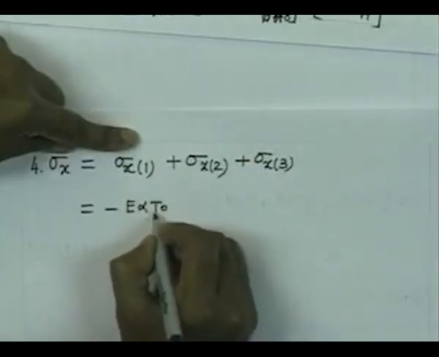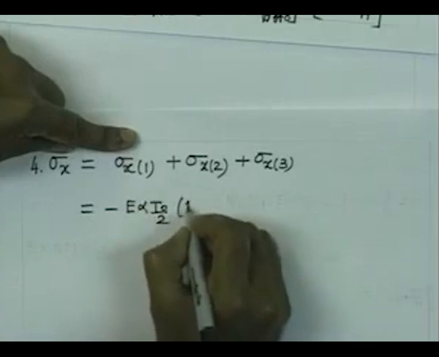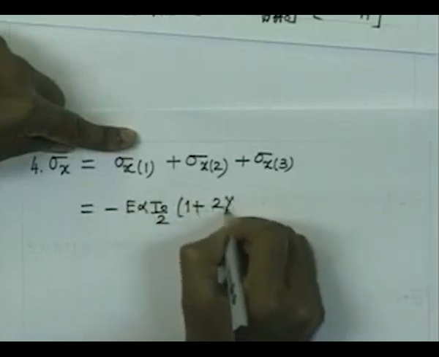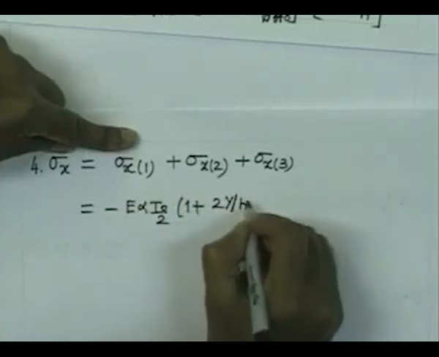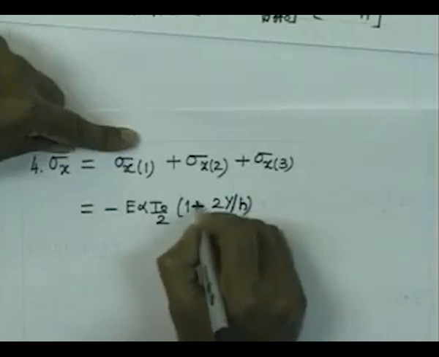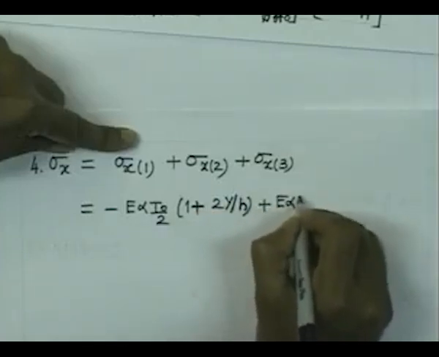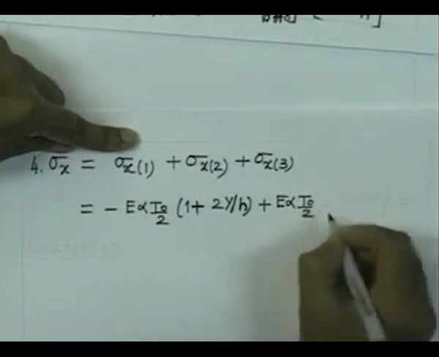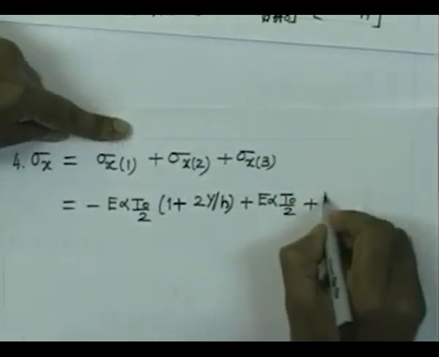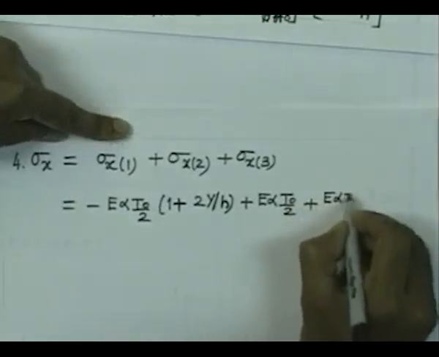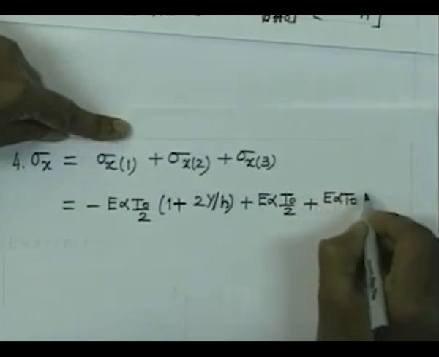This is minus E alpha T0 by 2 into 1 plus 2y by h, then second one is E alpha T0 by 2, plus E alpha T0 y by h.